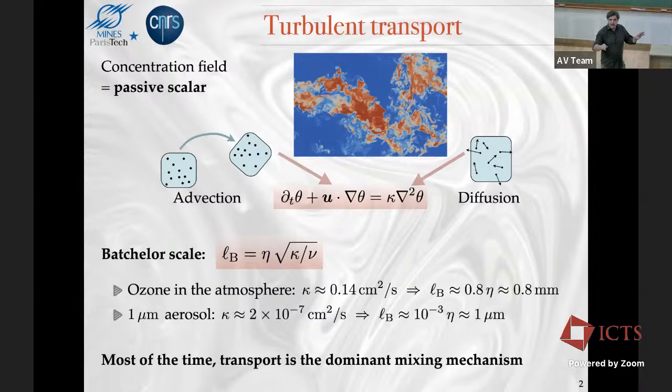So except if you are looking at microscopic things, there is no effect of diffusion. This is to tell you that when you are looking at applications of turbulent transport, usually diffusion is not contributing at all to the mixing of the scalar, but everything is entailed in the advection term.